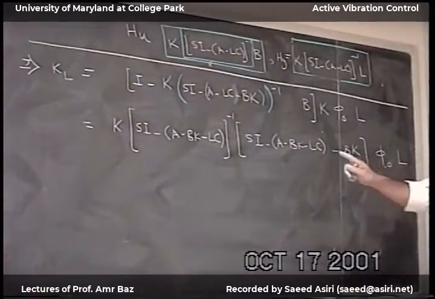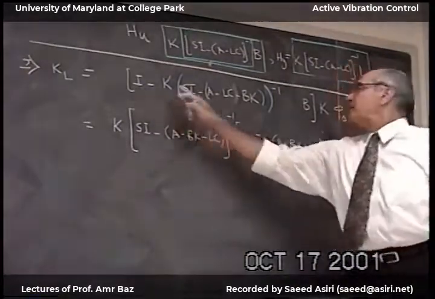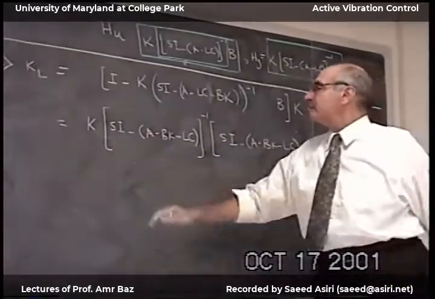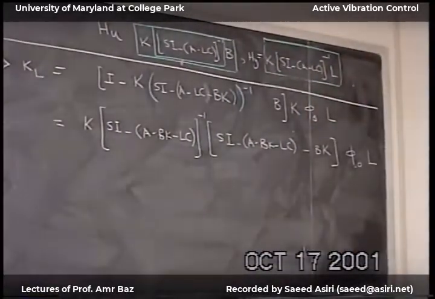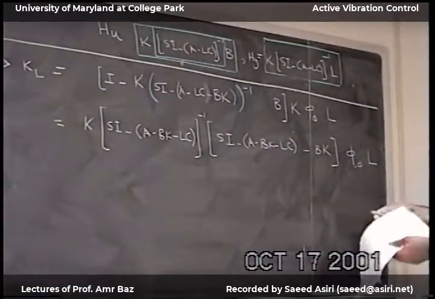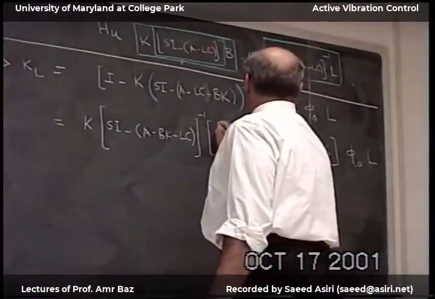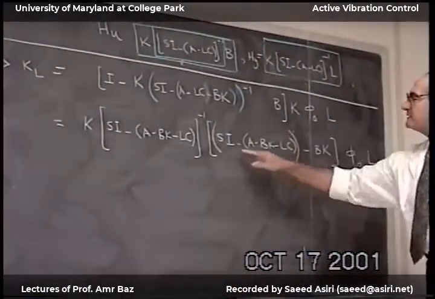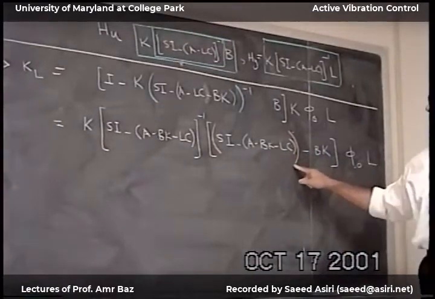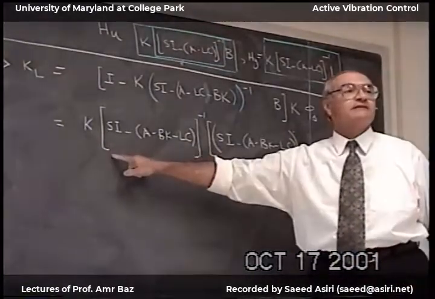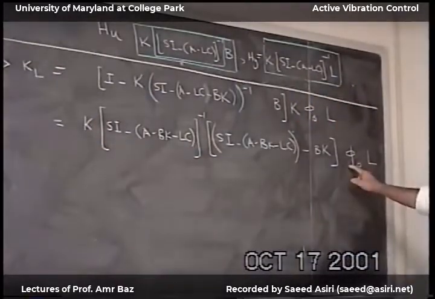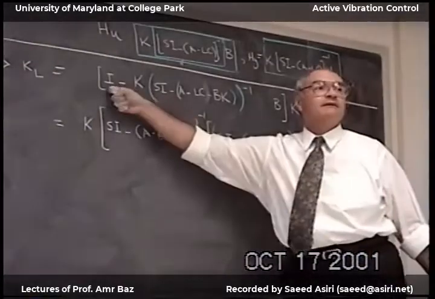Okay, now if you look at the first term, times K times phi0 and L. Now if I take this orange parenthesis and multiply it times this, it would be identity times K times phi0 and L. So this is this first term.